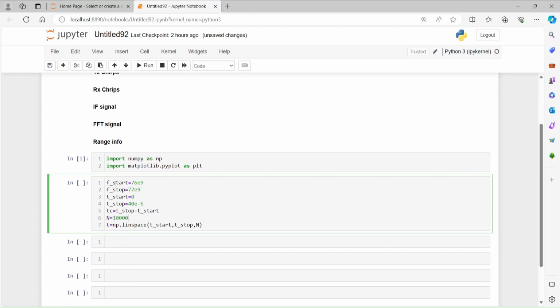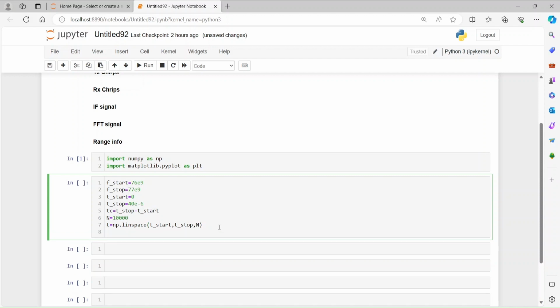Basically f start and f stop are two inputs to the ramp generator. When you provide these two inputs, the ramp generator is going to provide you the output frequency, and I'm going to write the equation right here: f out is equal to f start, so we are starting at 76, plus the bandwidth, which is nothing but f stop minus f start.